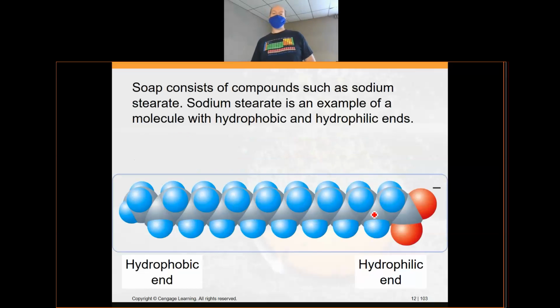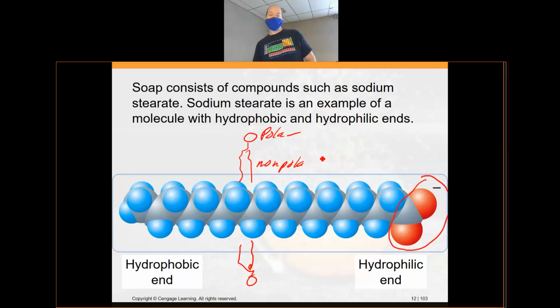All right, when you have a soap, and the way they write it in biology, you've got your phospholipid bilayer. What this is showing is you're going to have a polar head, and then you're going to have your non-polar tail, and the non-polar tail is always an organic compound.